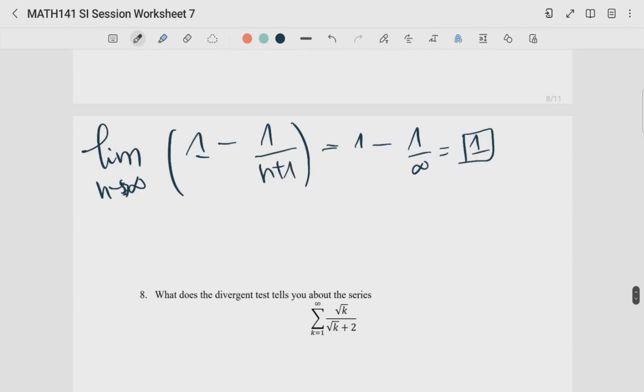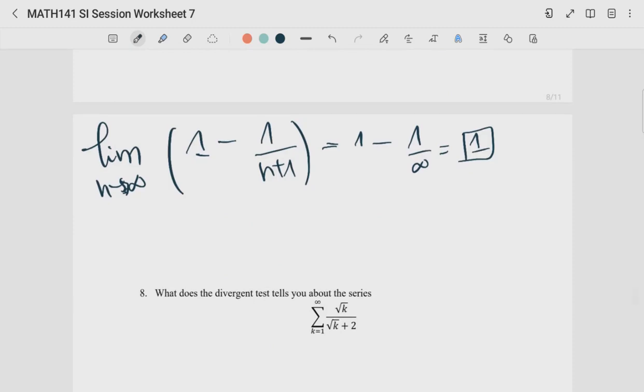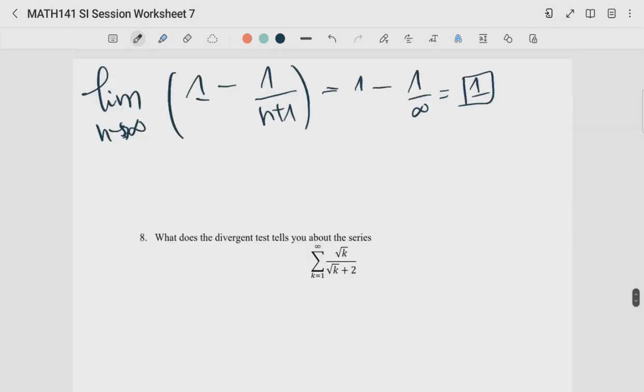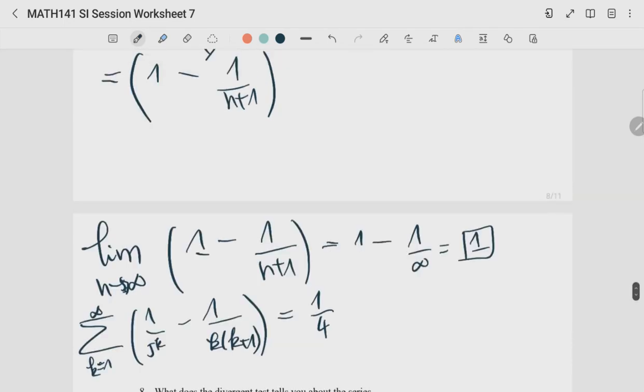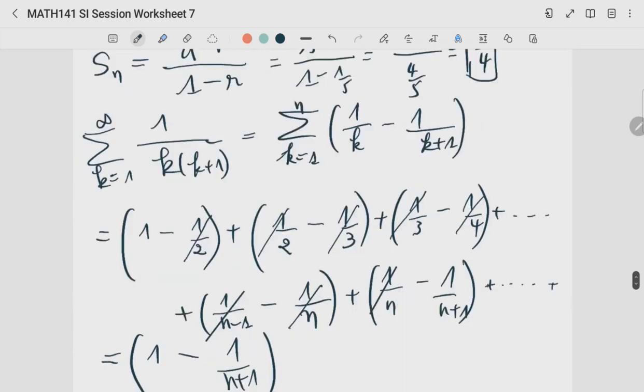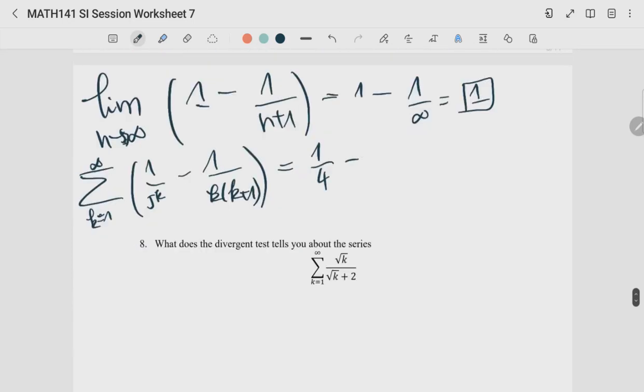And what that means is that the overall sum, from k equal to 1 to infinity of 1/5^k minus 1/(k(k+1)), is just equal to the sum of the first series, which we found to be 1/4, minus the sum of the second series, which we found to be 1.